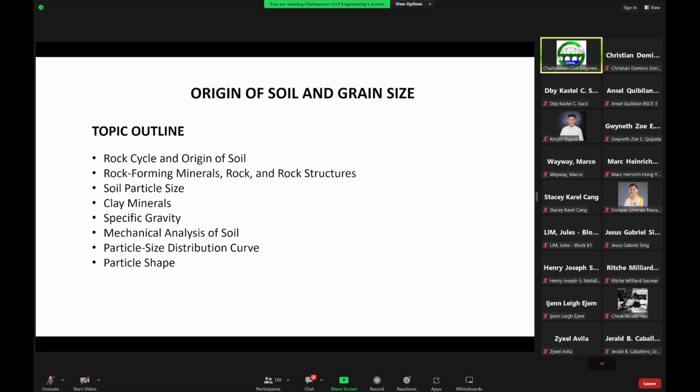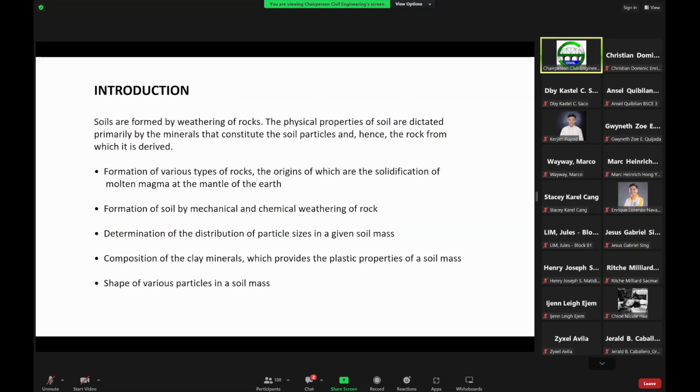For example, if you hold a rock or a pebble, a rounded material can have different shear strength properties as compared to an angular soil material. So this is quite important to distinguish between these things. That's just some introduction.